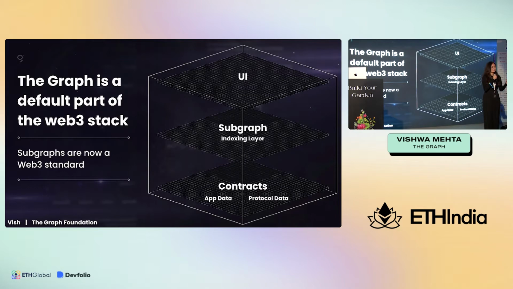The graph as an indexing layer sits right between your front end, which is your UI, and your back end, which is basically all of the data coming from smart contracts on the blockchain. And subgraphs are becoming a de facto standard of how you query data that is being indexed by the graph protocol from the blockchain. That's why we say that the graph is now a default part of the Web3 stack.